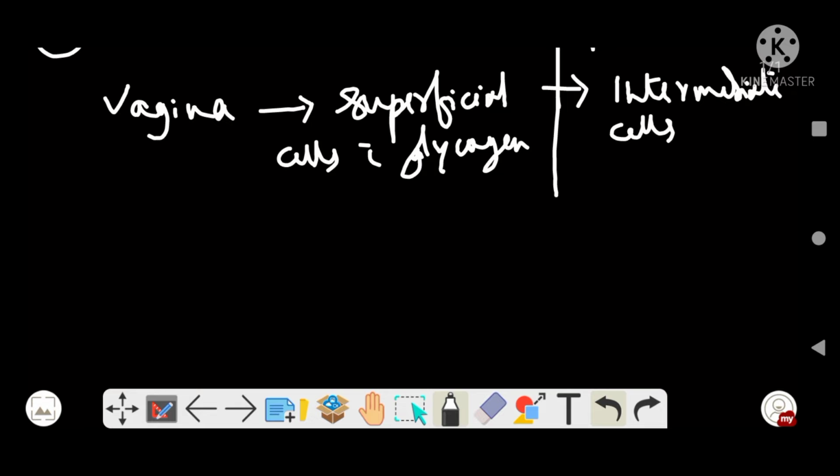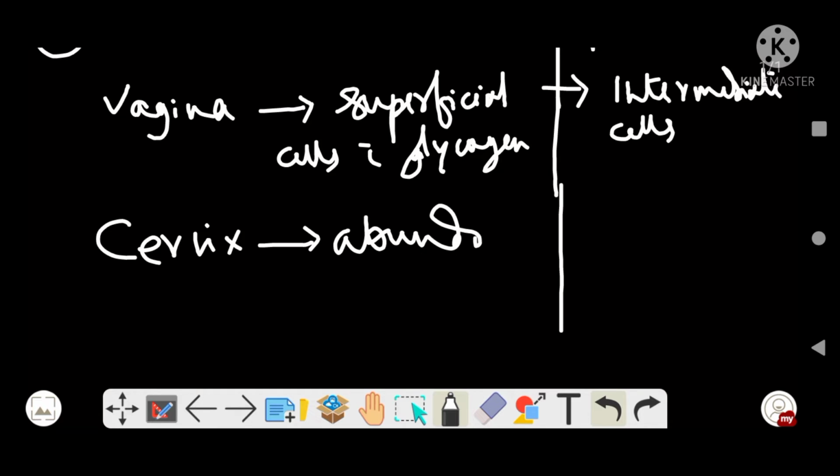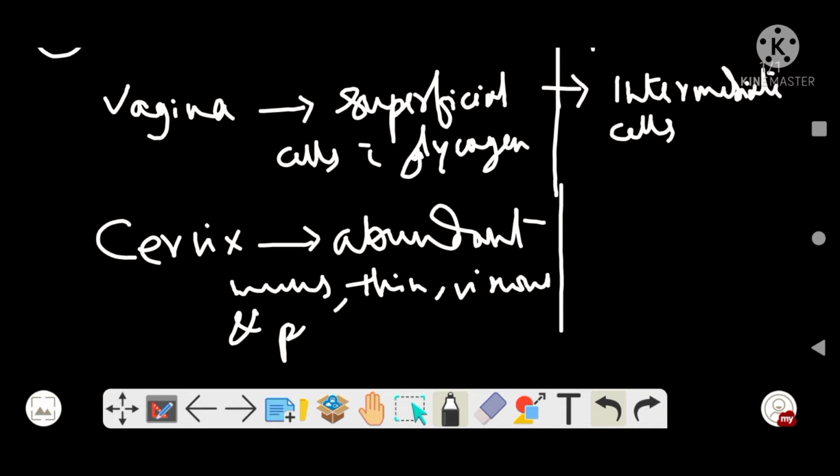Now talking about the cervix. What change does estrogen make in the cervix? Estrogen makes abundant mucus, thin mucus, thin, viscous, and penetrable to sperms.